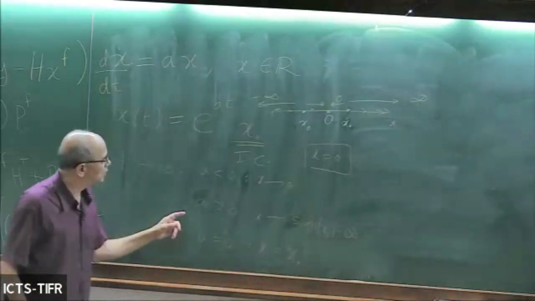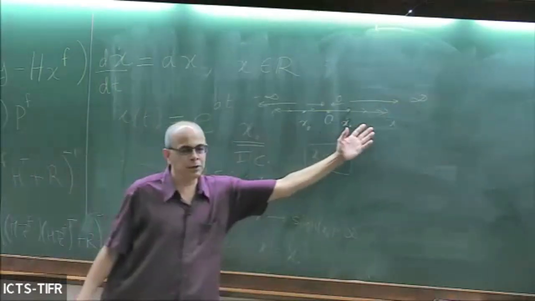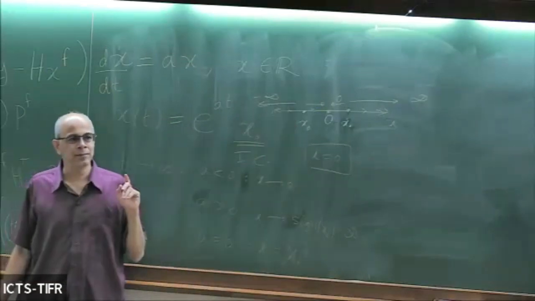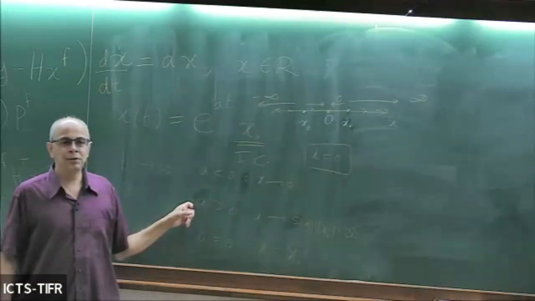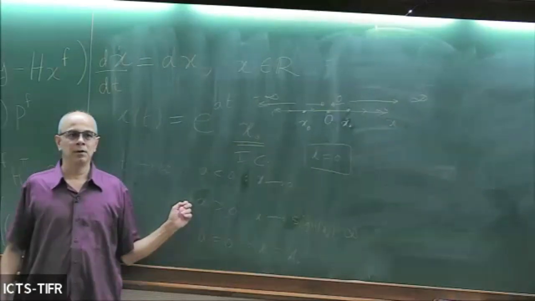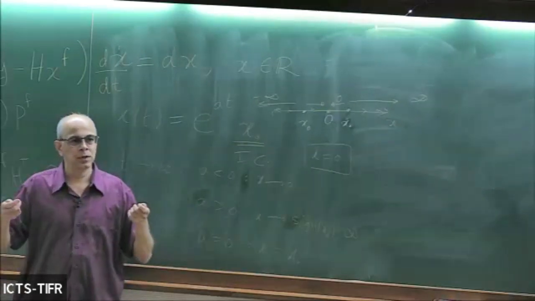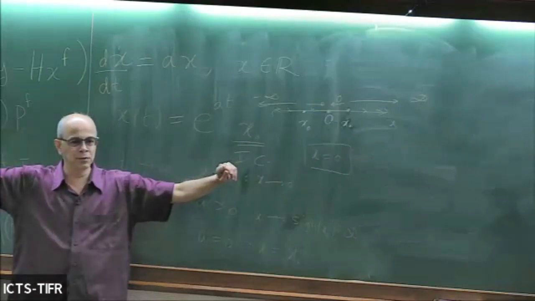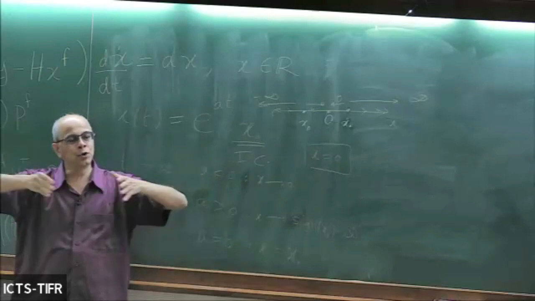Exactly the opposite way: start with a bunch of initial conditions, all finite, so the variance is finite. In the case when A is positive, what will happen to each of those solutions? Each of the solutions is going to go farther and farther away from 0. The ensemble is going to become larger and larger.